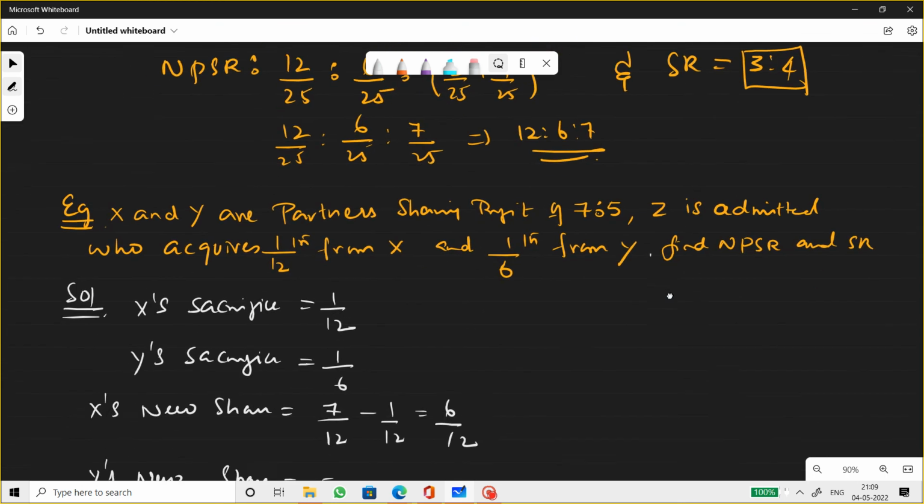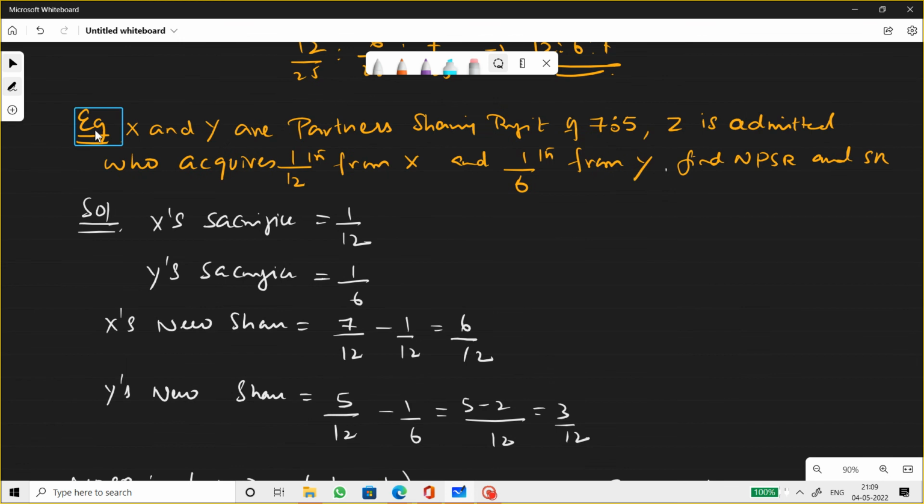Next example under the same case. X and Y are partners sharing profits in the ratio of 7:5. Z is admitted, who acquires 1/12th from X and 1/6th from Y. Now please read this question along with the previous question and compare it.